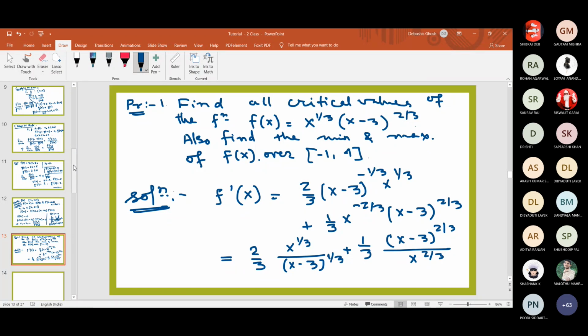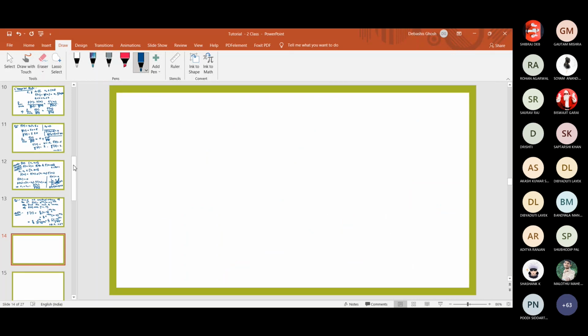So that is your f dash x, and you can see that f dash x will not exist at x equals 0 and x equals 3. These are the two points where it does not exist. So f dash x exists for x not equal to 0 and x not equal to 3. So what are the critical points? Critical points can be the terminal points, the points for which f dash x equals 0, and the points for which the function is not defined.